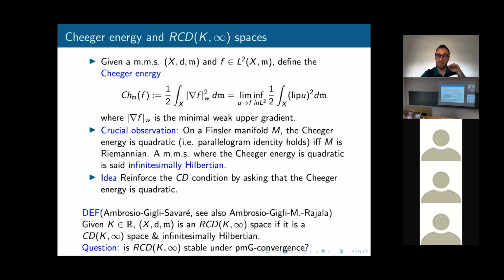So having a zero order convergence coupled with a second order bound gives you some hope to prove some stability for first order objects by interpolation. Okay, so that's not the proof, and that's very far from the proof, but it is kind of a moral why you can expect the RCD condition to have some hope to be stable under pointed measure convergence.